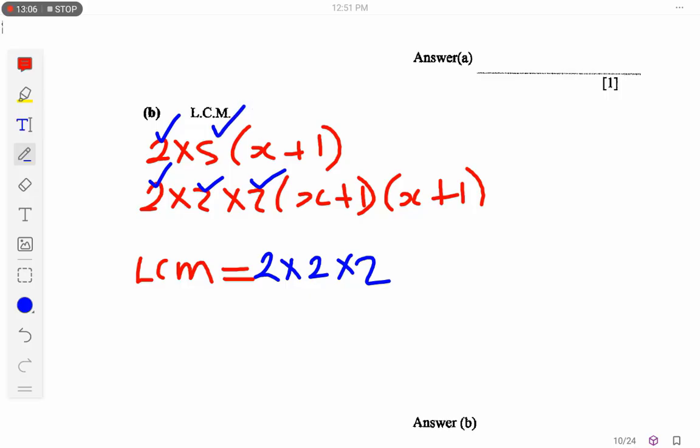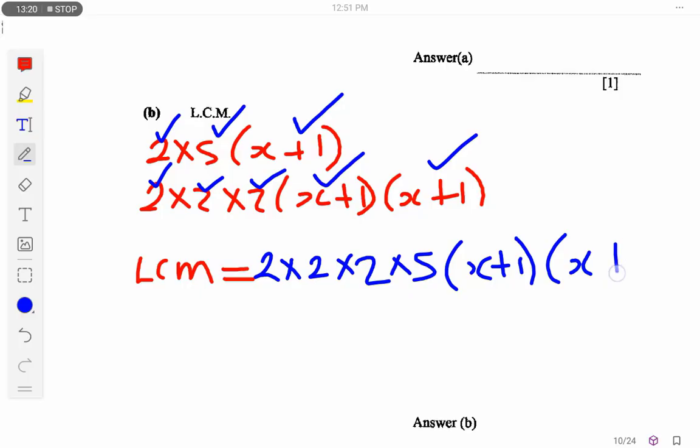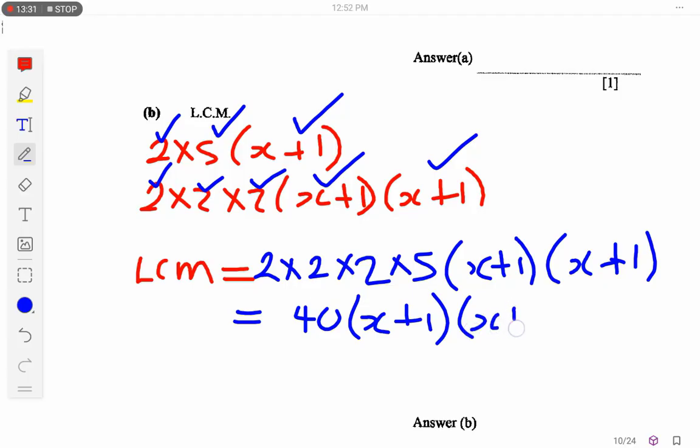Then I have another 5, so I can also multiply here by a 5. We are done. Then I'm taking this bracket, which is similar to that bracket, so I can say x plus 1, like that. I'm left with another bracket, this one, so I can also say x plus 1. So at the end of the day, if I multiply this, I'm getting 40, and I have my x plus 1, x plus 1, like that.